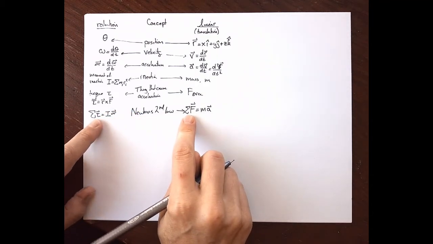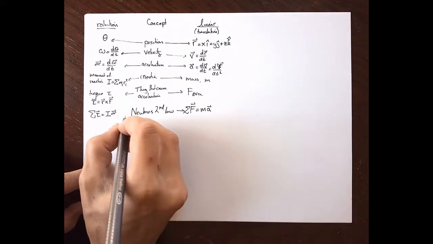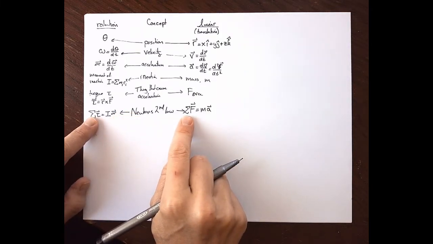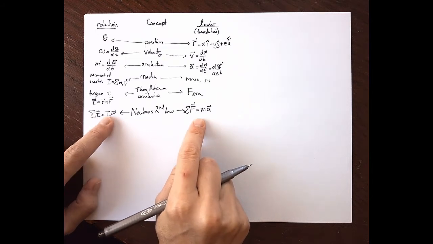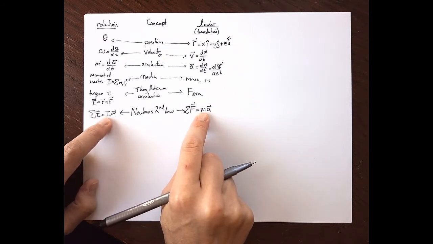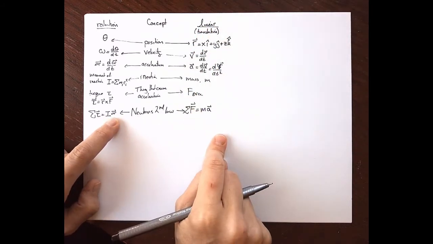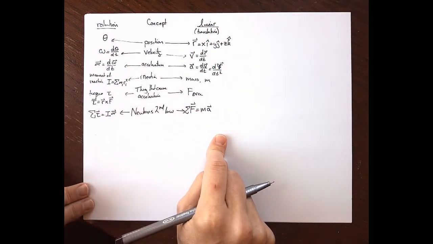So exactly the same kind of math is going to go into these two sorts of problems. You'll find all the torques or all the forces, and you'll set that equal to the inertia thing, mass or moment of inertia, times the acceleration, either a if it's linear acceleration or alpha if it's rotational acceleration.